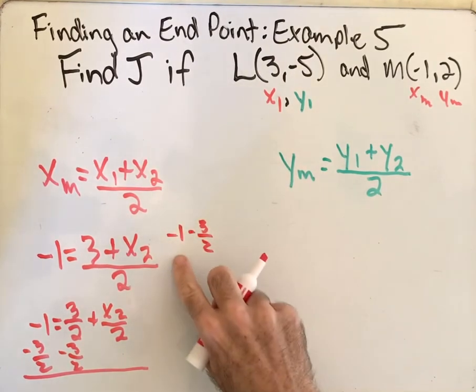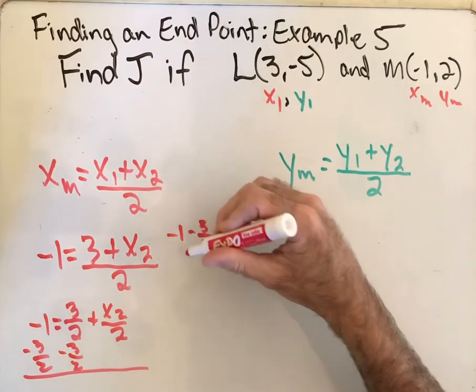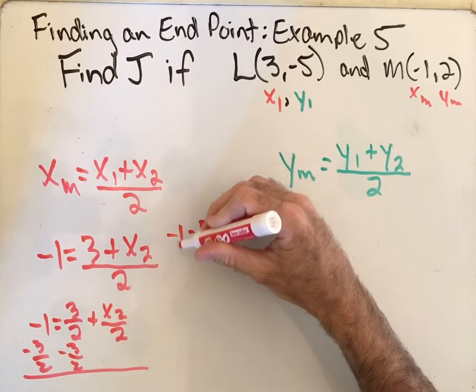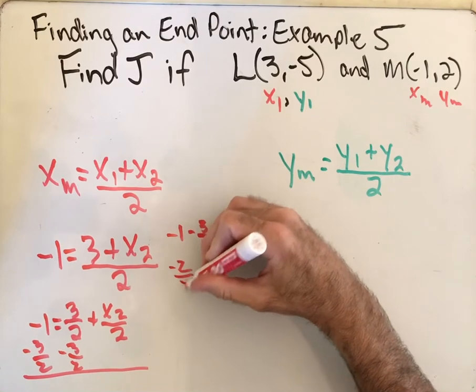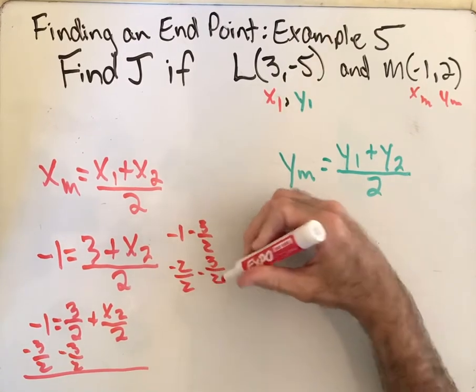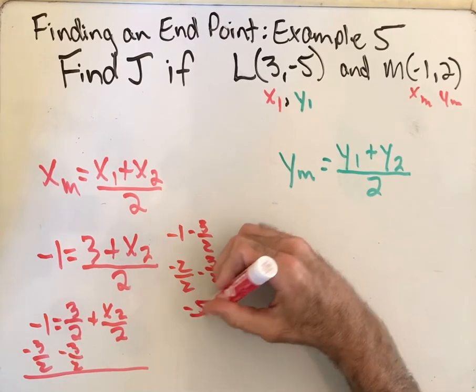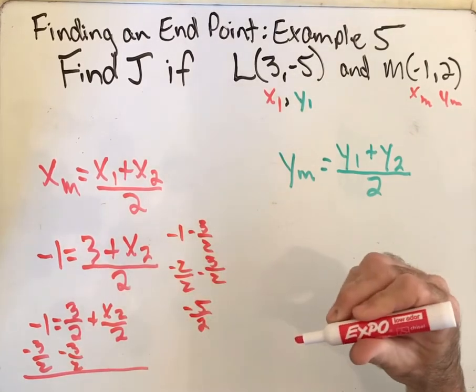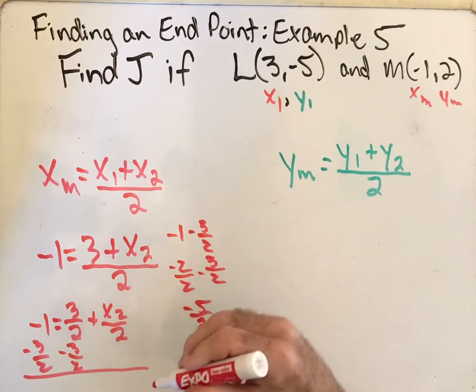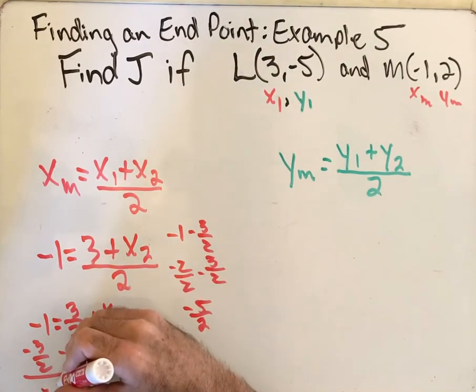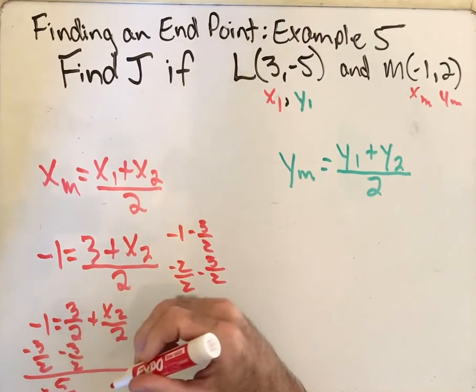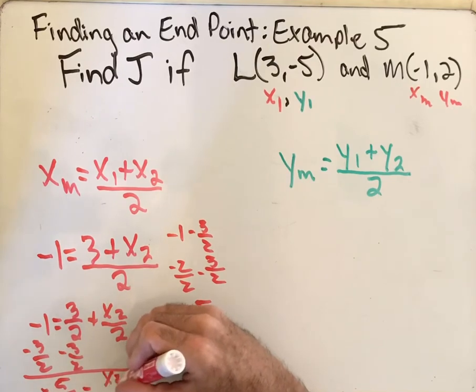I need to find a common denominator, so -1 with a denominator of 2 is -2 over 2, minus 3 over 2. -2 minus 3 is -5 over 2. So -5 over 2 equals x sub 2 over 2.